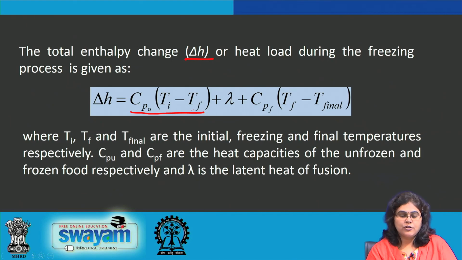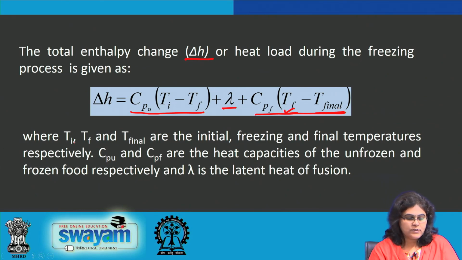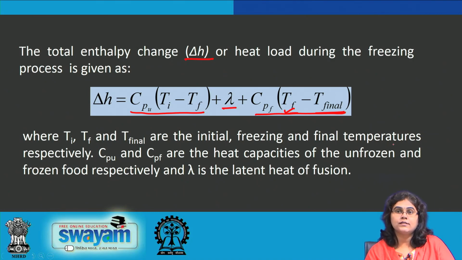from initial temperature to the freezing temperature, plus latent heat of fusion, that is the latent heat part, and again from the freezing temperature to the final storage temperature, this is the sensible heat part, that is CPF, specific heat capacity of the frozen food, into freezing temperature minus the final or the frozen temperature at the storage condition, where Ti, Tf and T final are the initial, freezing and the final temperatures.